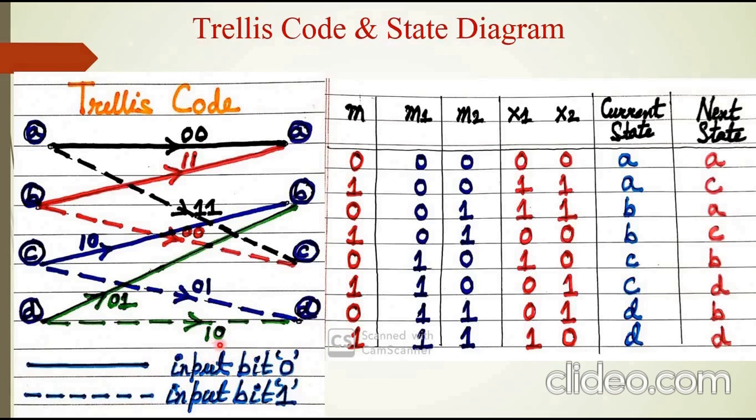So it will be a dash line from D to D, where the input is 1 and the output is 1 0, which is mentioned here. So this is how we can have the code trellis.